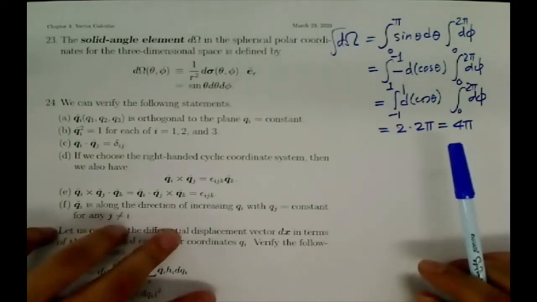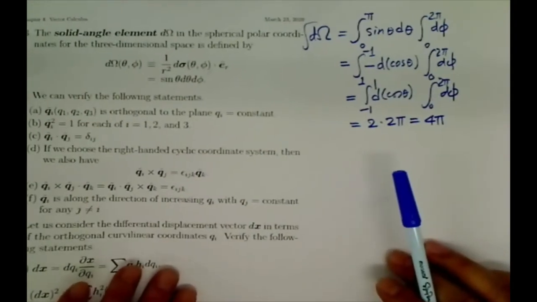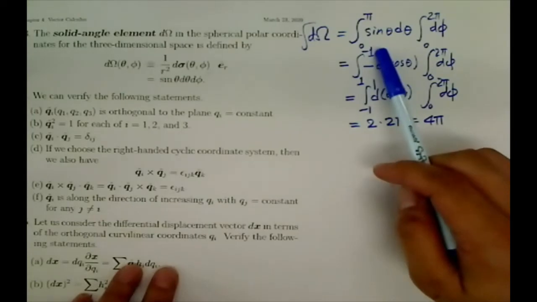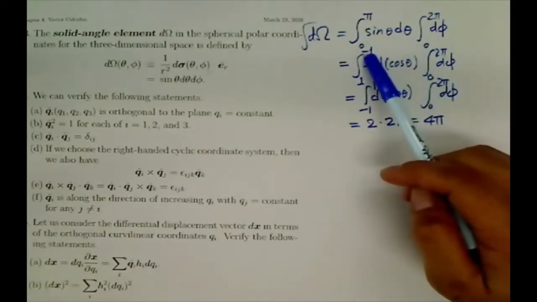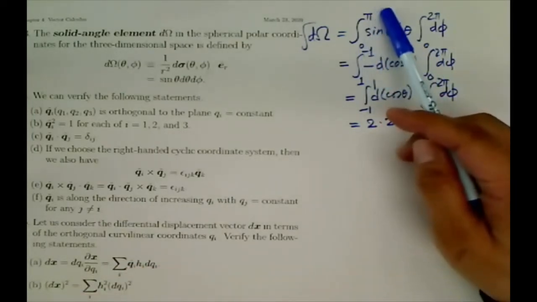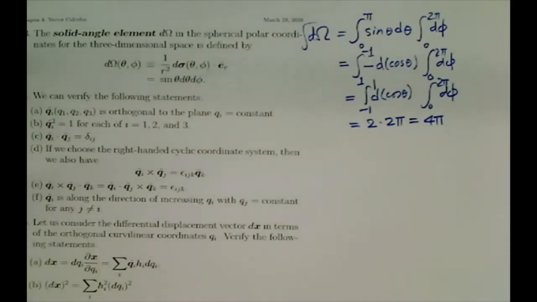If I integrate the whole solid angle element, sine theta d theta is integrated from 0 to pi. The polar angle is 0 to pi, and the azimuthal angle runs from 0 to 2 pi.